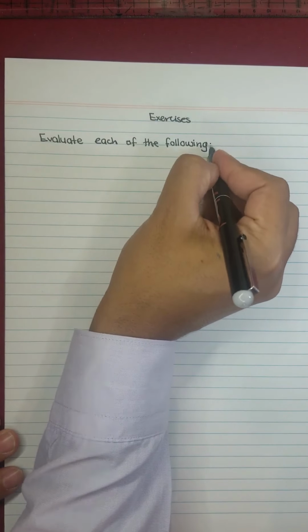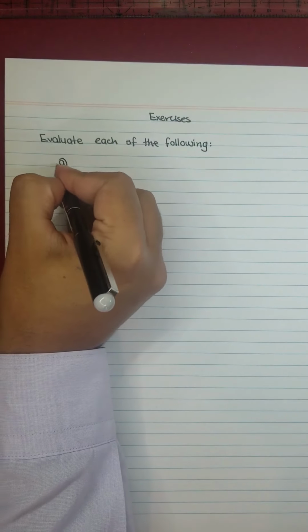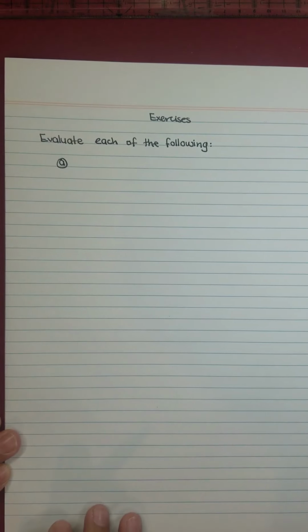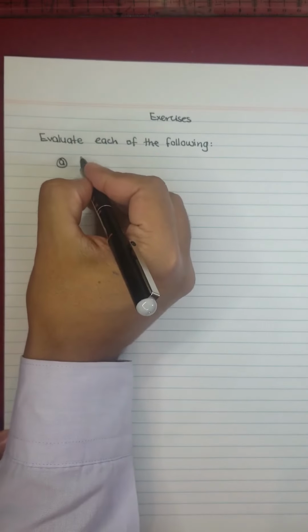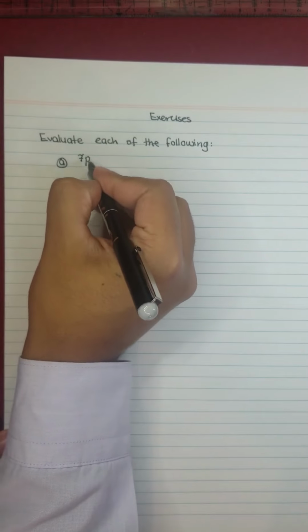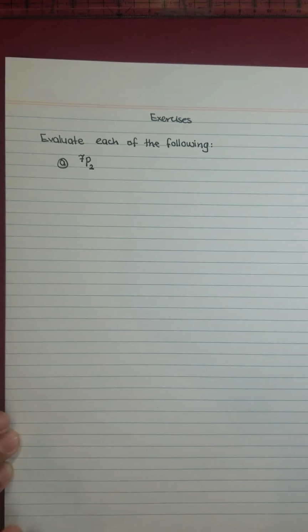Evaluate each of the following. Please write this in your copybook. 7 permutation 2.